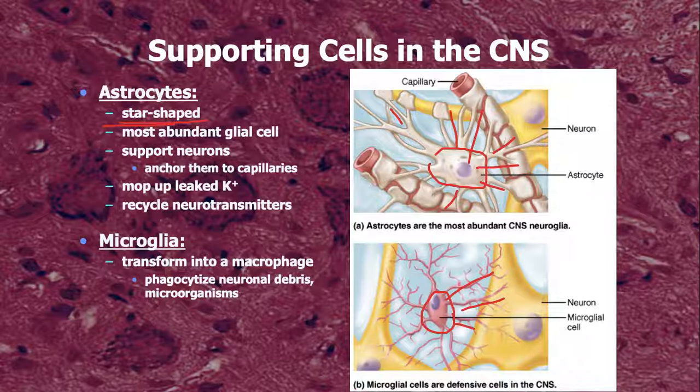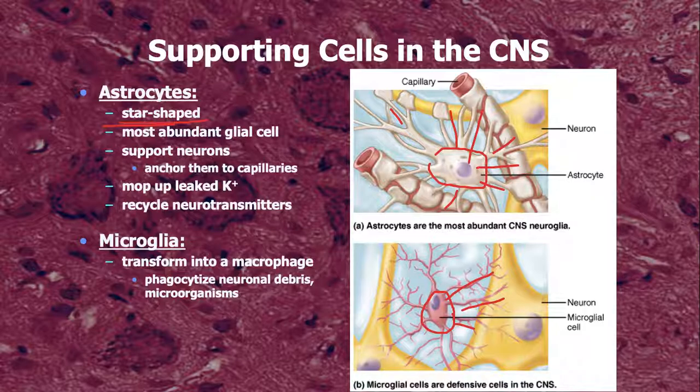What these microglia do is they hang out in the central nervous system, but whenever there is danger, these guys can turn into macrophages. And macrophages go out and gobble up bad things. So if there's bacteria around, he'll go and eat them up. If there is a parasite somewhere, he'll go around and eat it up. If there's a neuron that needs to be broken down, it's dead, he'll go out and eat it up.